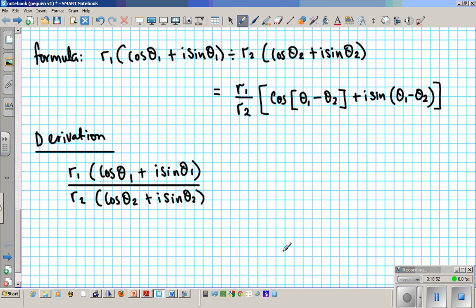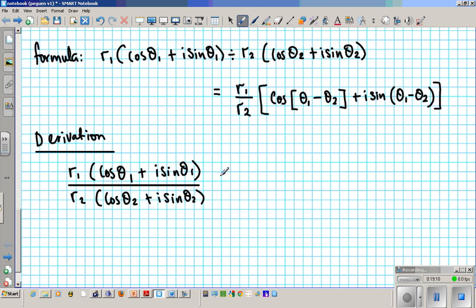Now, let's simplify it. We want to find the quotient. If I look at my target, it has no denominator, so I need to clear out this denominator. I'm going to multiply by something that will reduce this into 1.